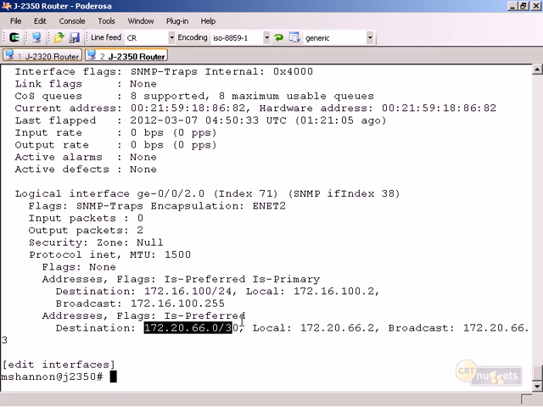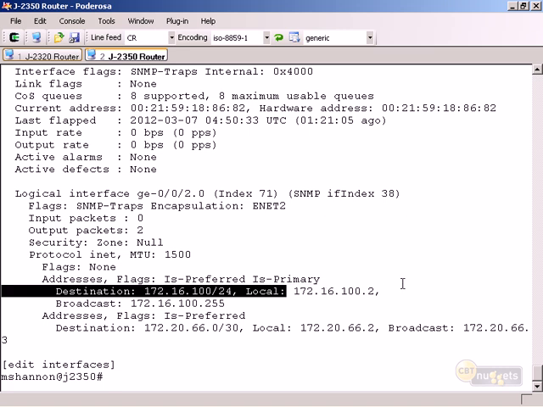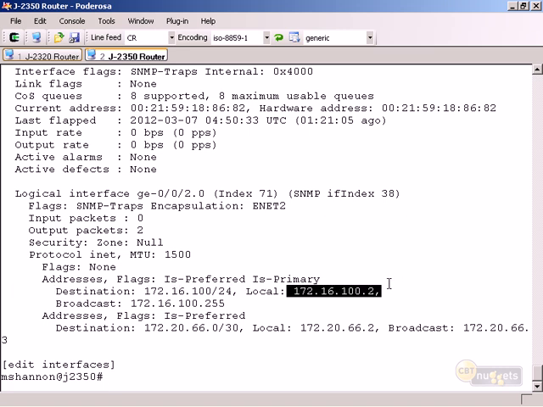Why do we have a primary address? Well, that's the one that's used to source local packets out of this interface that are destined for a remote network. So any packet that's sourced in this interface going to a remote network is going to be sourced from the primary, 172.16.100.2. Actually, I should choose the actual address here. I've been choosing the network.